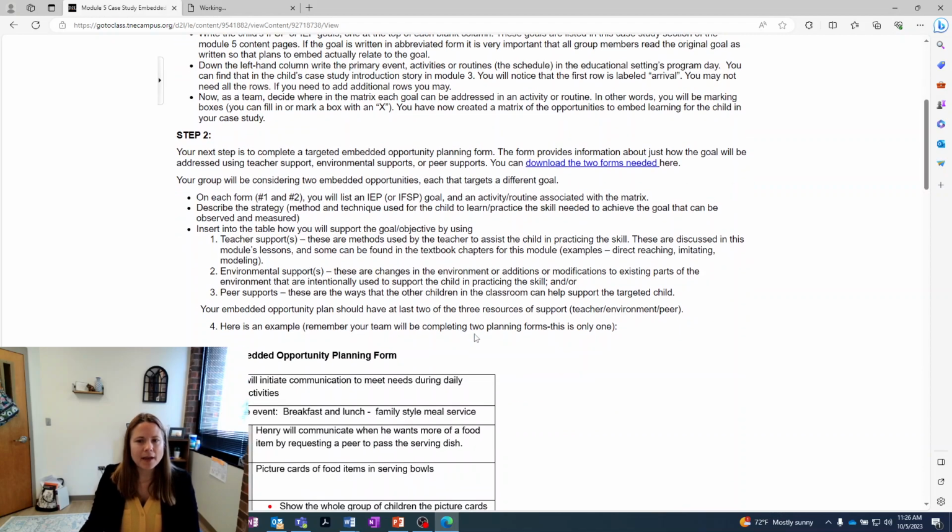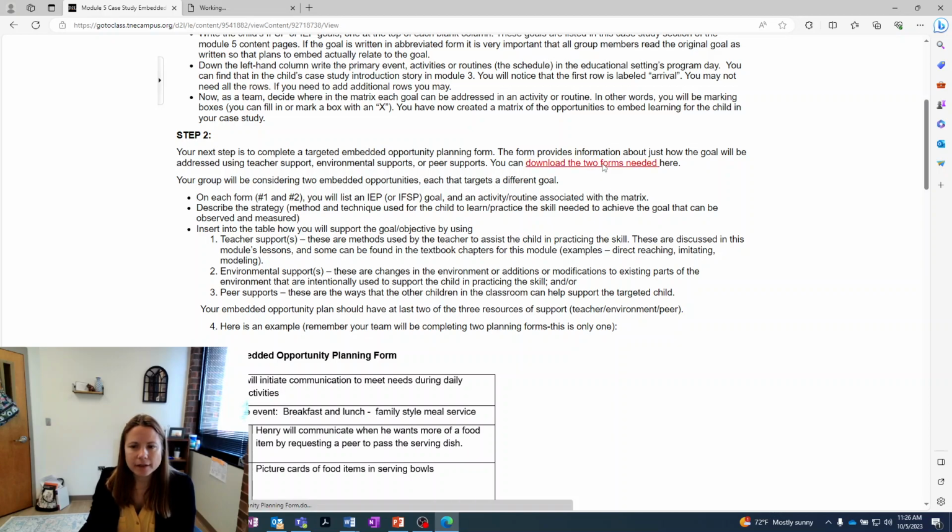The second step after you do that is you are going to target those embedded goals into a planning form, okay? So this form is going to help you address the supports needed: environmental, instructional, and even peer supports.